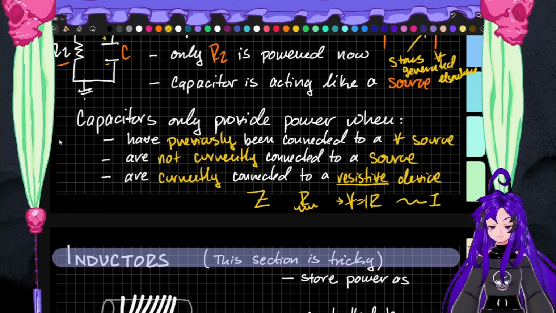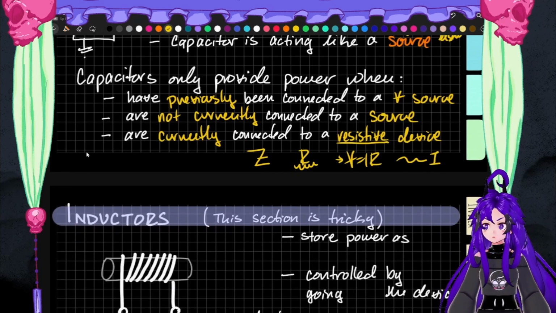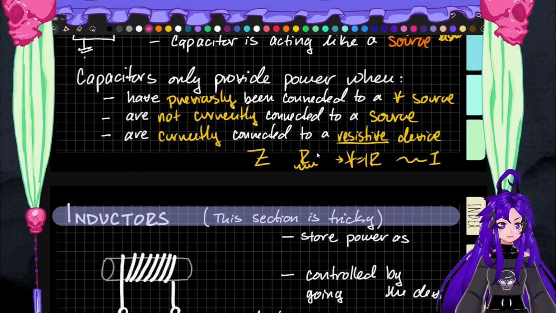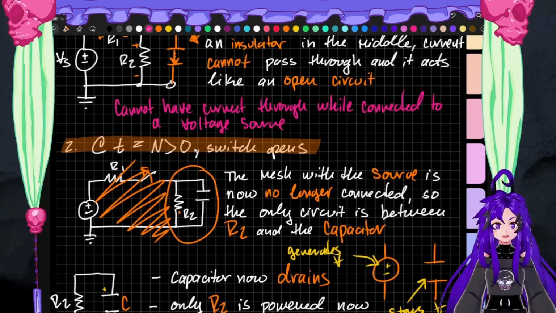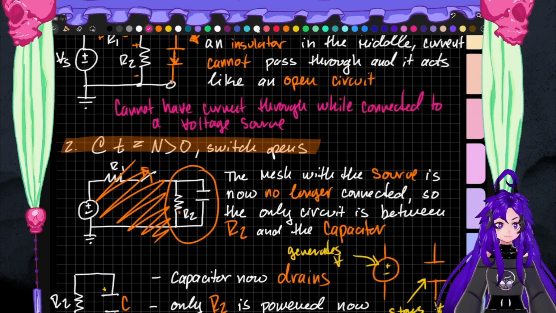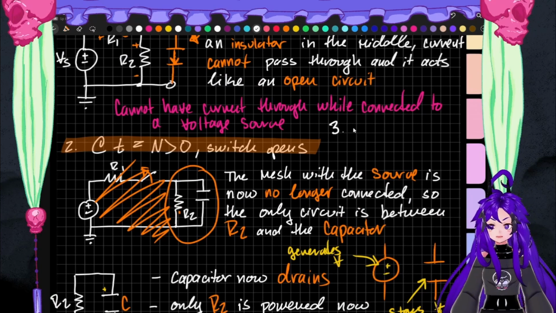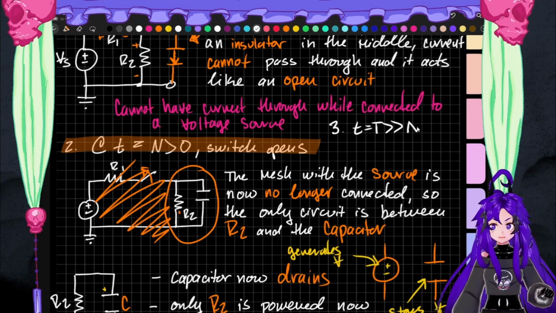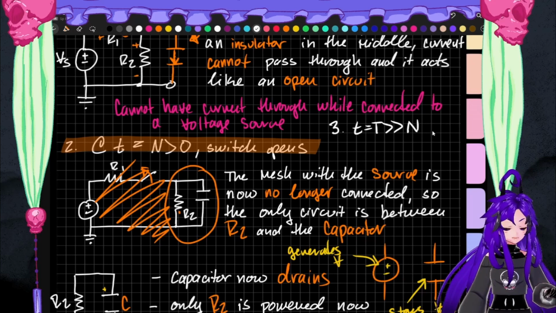So, over time, because I seem to have misplaced a page, if we look at the third situation, the 3 where time is t, which is very, very much larger than n, the switch is still open.